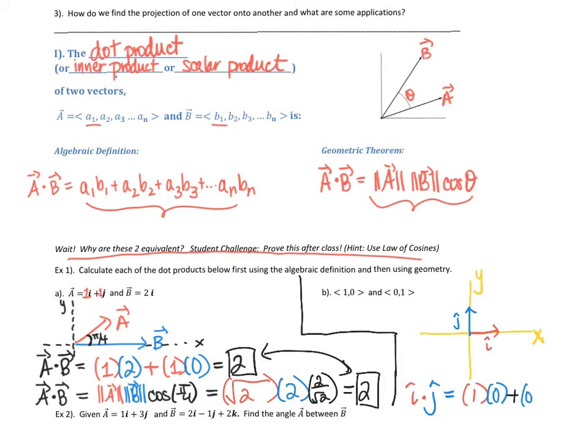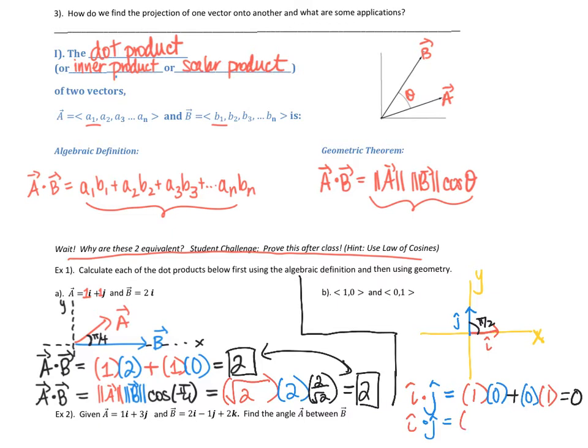And we could have seen that even faster by just looking at the angle between them and noticing that this angle is pi over 2 and cosine of pi over 2 is 0. So if I had done it the other way, I dotted with j, I would have ended up with their magnitudes.